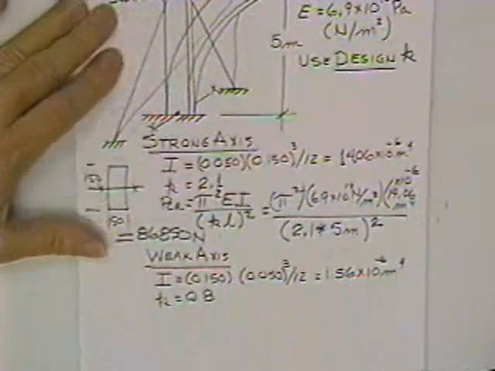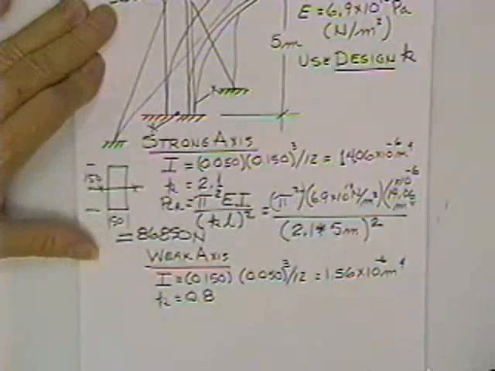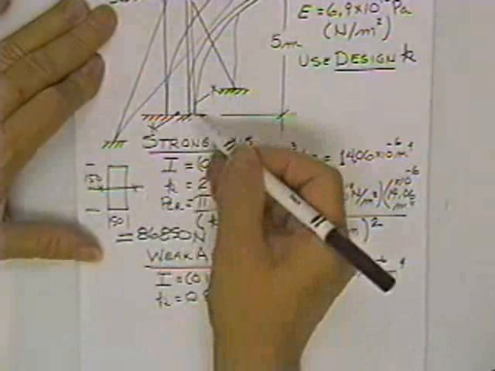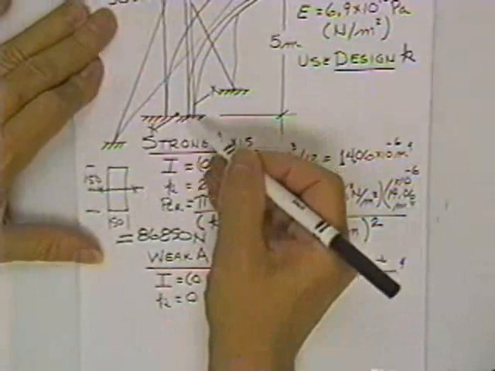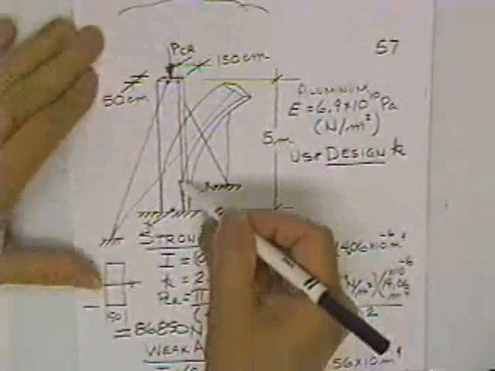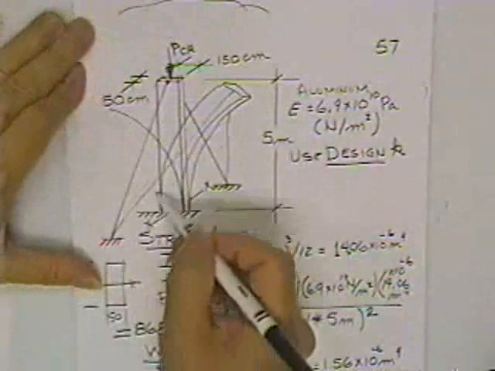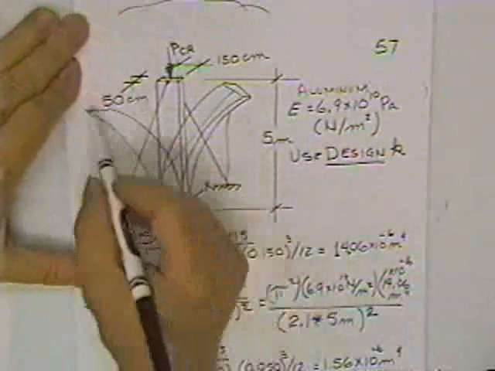Alright. The problem is it might not buckle about the strong axis. It might buckle about the weak axis. I'm not sure I'm going to draw that. But let me show it. Let me show it flopping in and out of the paper like that.